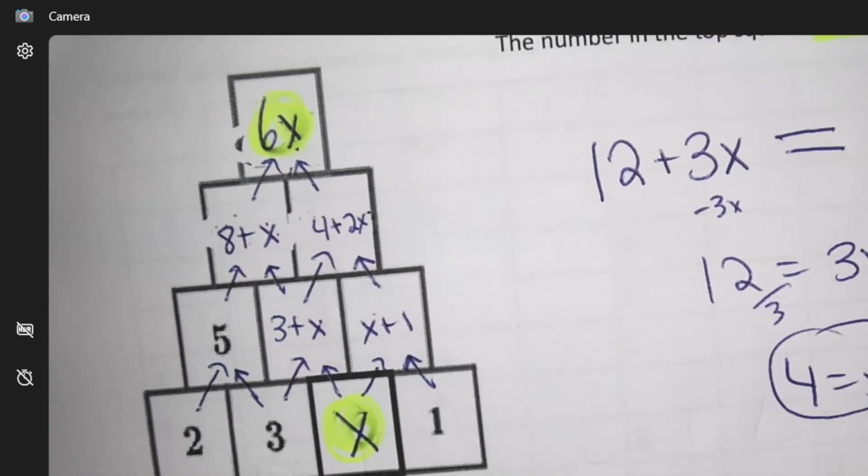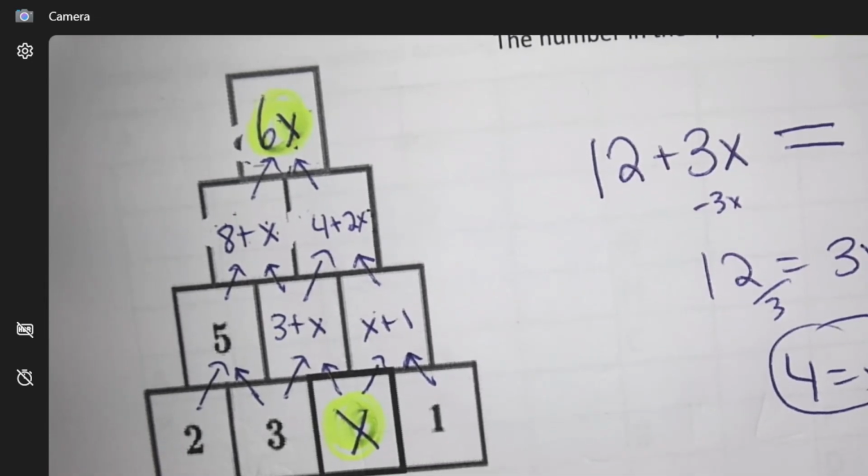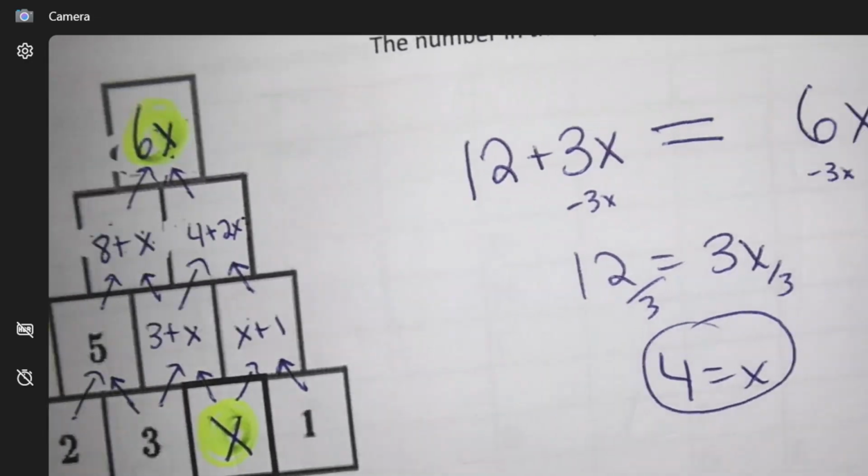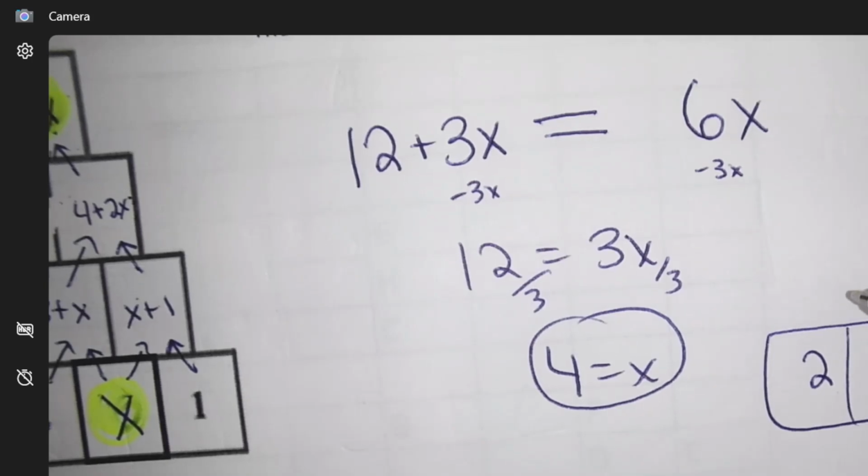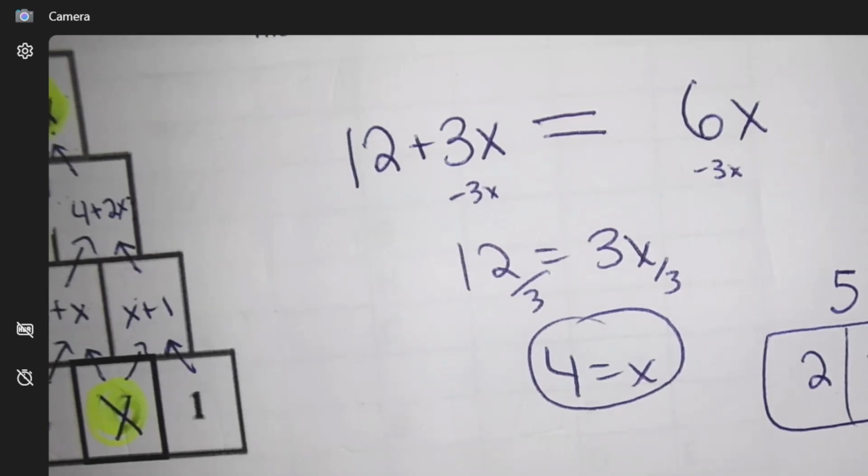Do you want to check it out? 2, 3, 4, 1. If that was the bottom of our cake, what's the next row? 5, 7, 5. Right? Okay, what's the next row of the cake?